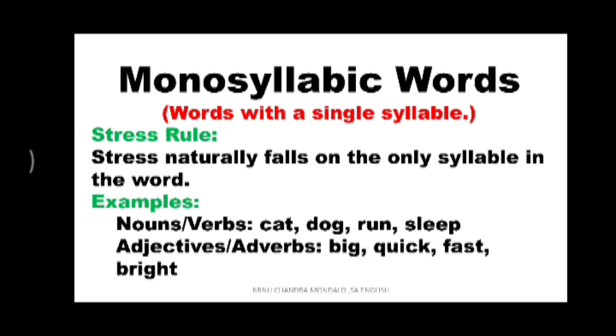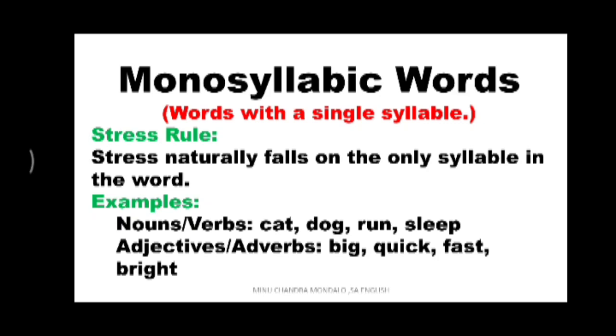Let us know where the stress falls in the case of monosyllabic words. What do you mean by monosyllabic word? Mono means one. The word which contains only one syllable is called a monosyllabic word. In the case of a monosyllabic word, the stress naturally falls on the only syllable in the word.